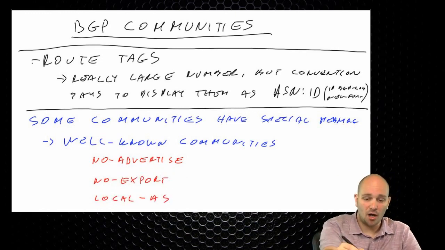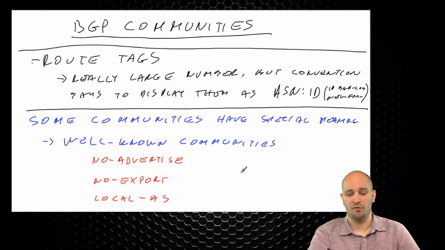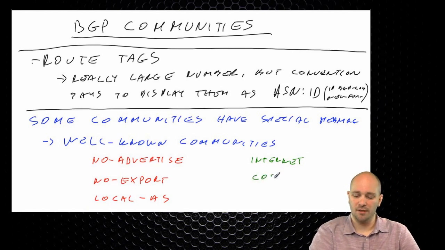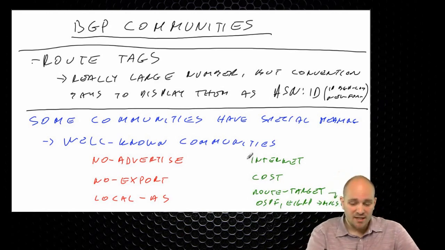As I say, there are others that are maybe of some importance. There is an internet community, which, by the way, does really nothing. There is cost community. There is, of course, an extended community like route target. There are OSPF communities, EIGRP communities used for MPLS VPNs. So there are these lesser important well-known communities.